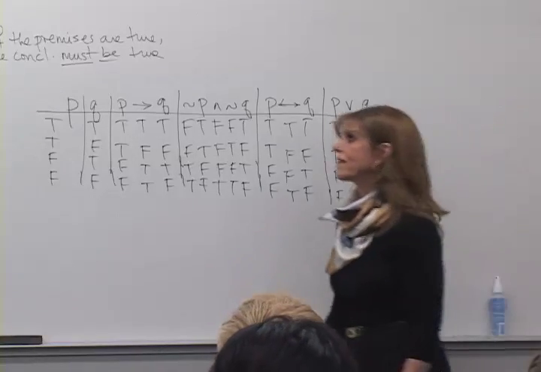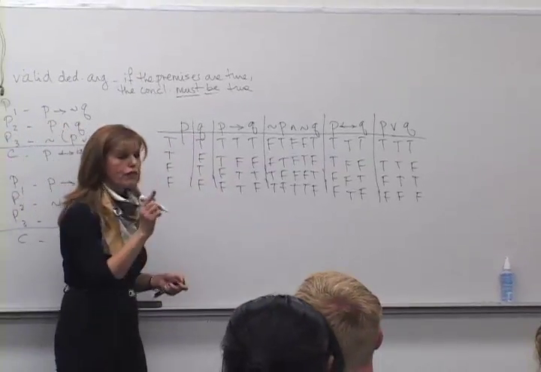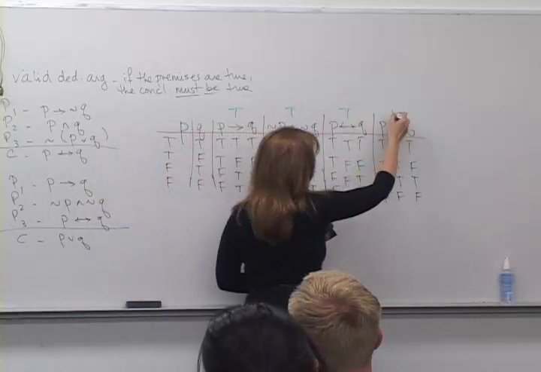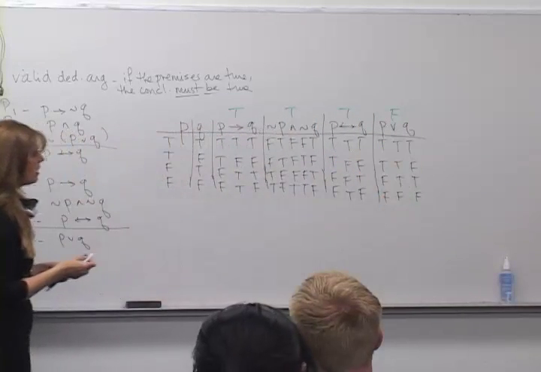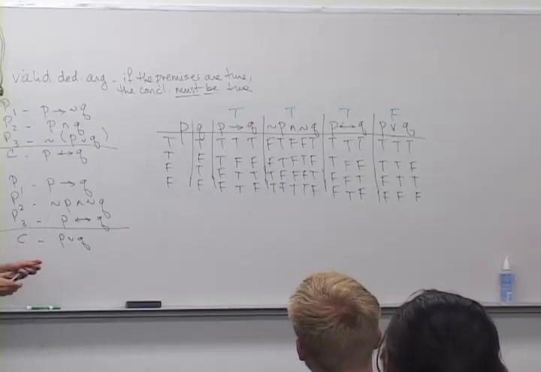Okay, now I did that. Now I'm going to look at the main connectives. I'm going to look for a row where these main connectives are true and my conclusion is false. Do I have that row? Yes, the last one.